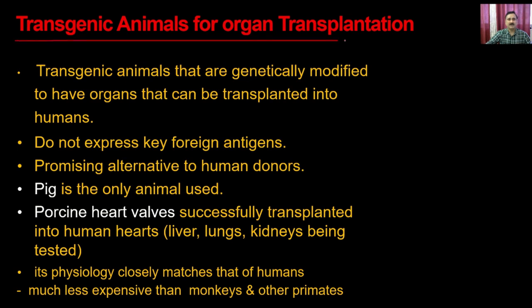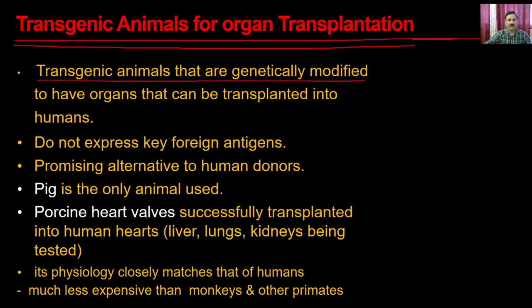Apart from that, transgenic animals are also being used for organ transplants, where the animals are genetically modified to have organs that can be transplanted into humans. Why is it so? Because some of these transgenic animals do not express the foreign antigens.